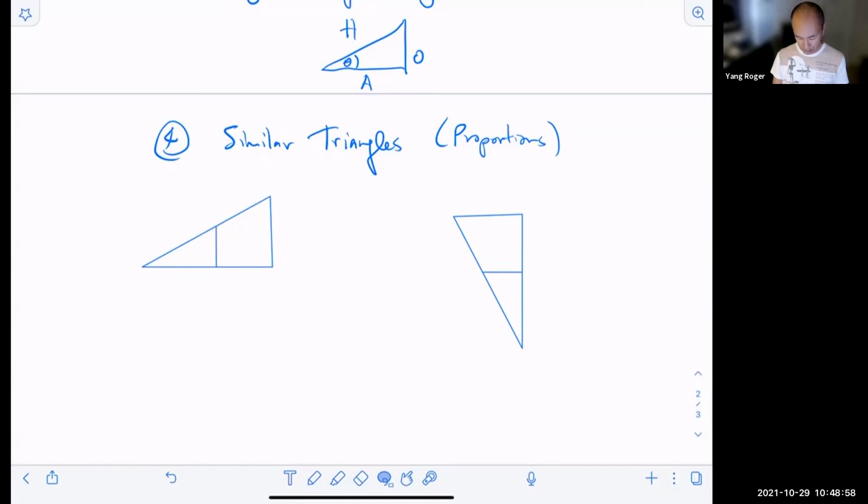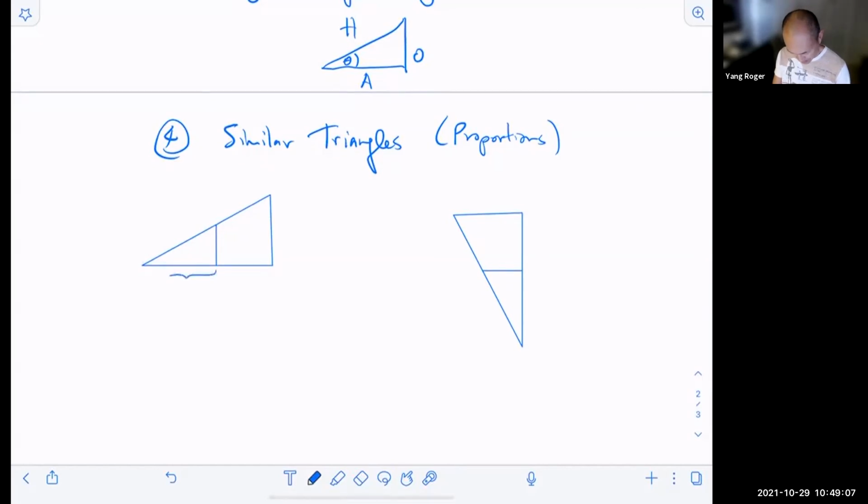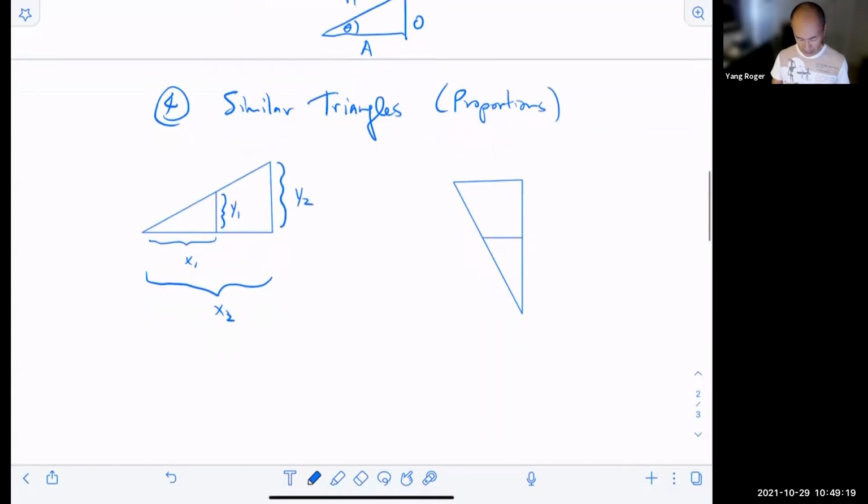So one thing I could do is I could call this length x1, and I can call this larger length x2. I can call this length here y1. I can call this length here y2.